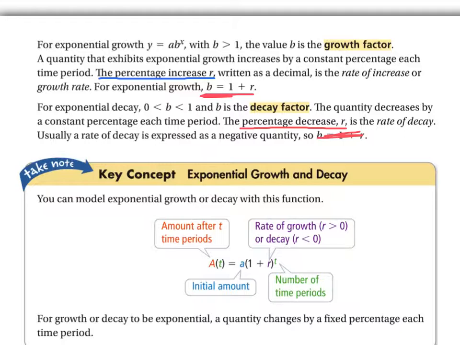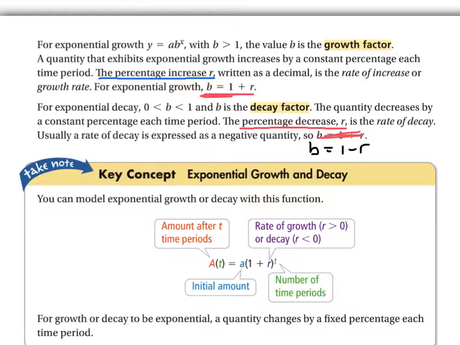My b value for a decay is 1 minus r, so that I know that if I'm decreasing by 30%, I know that I'm taking 1 minus 0.3. I'm subtracting the 30%. You with me on that? Yeah. So we have percent increase and percent decrease for our exponential growth and decay.